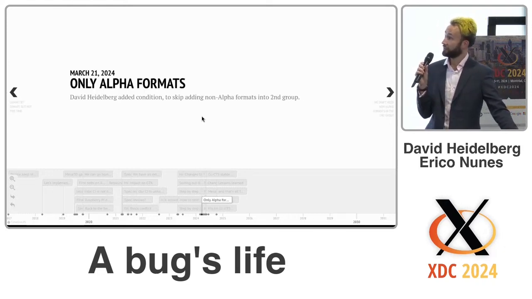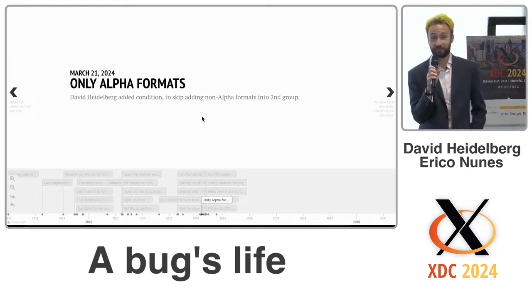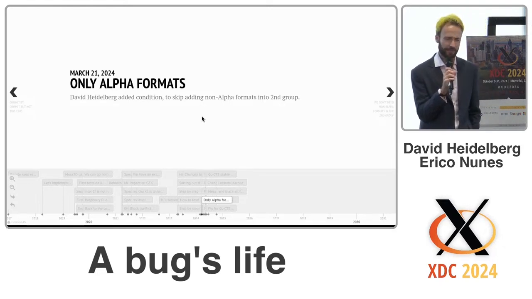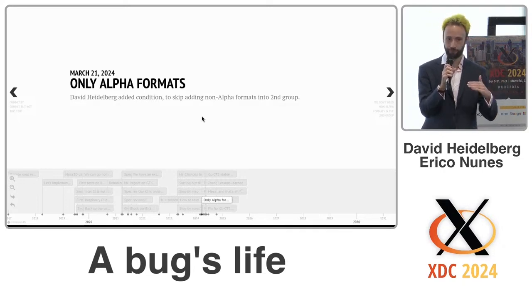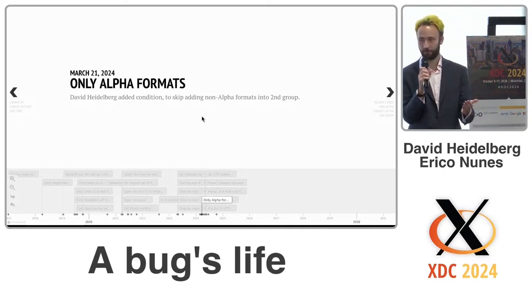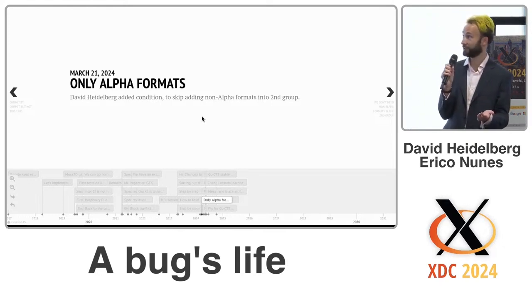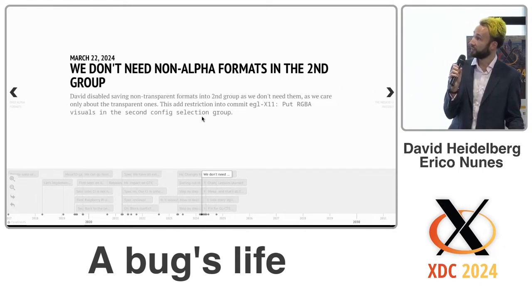And at this point, we are already in 2024. I was just looking at the code, and at some point I said, okay, we're copying the formats, the second group, but the trick is we don't need non-alpha formats. We always need transparency. So I did some adjustments.